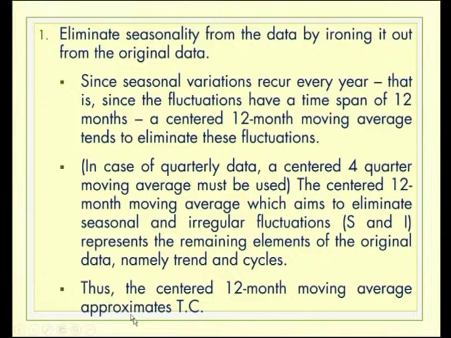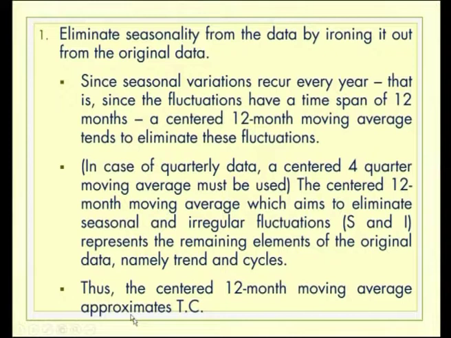Since seasonal variations recur every year, that is, since the fluctuations have a time span of 12 months, a centered 12-month moving average tends to eliminate these fluctuations. In case of quarterly data, a centered 4-quarter moving average must be used.